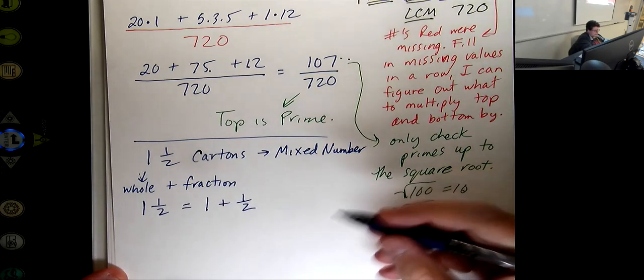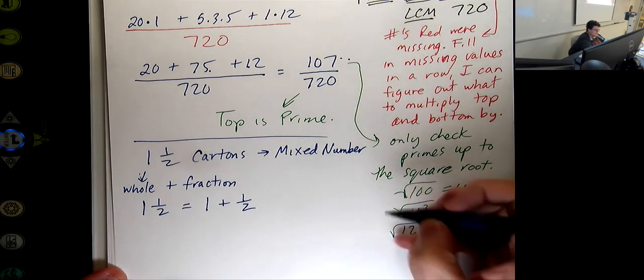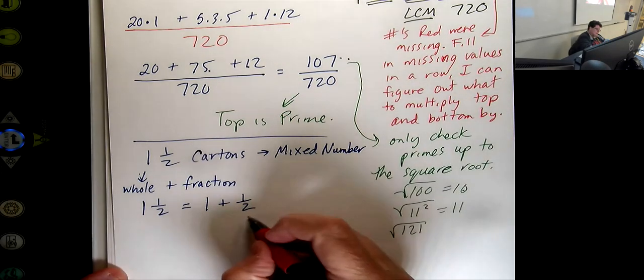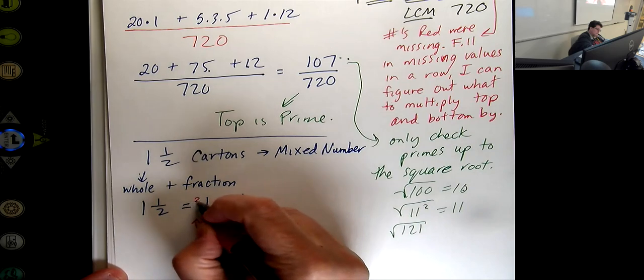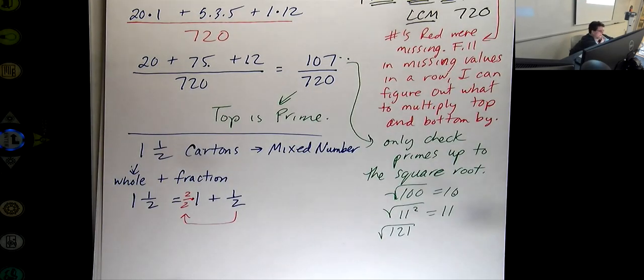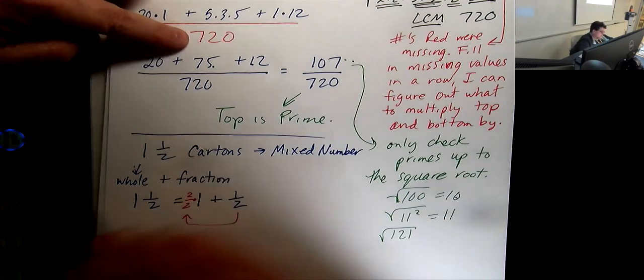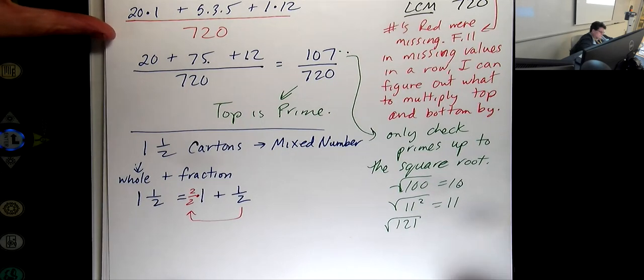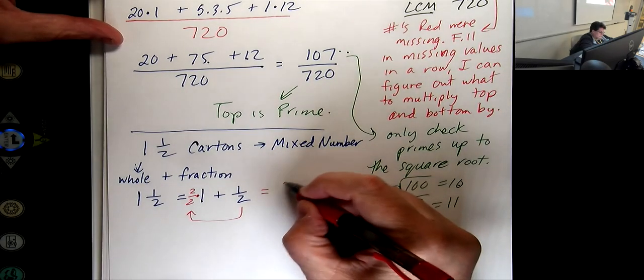And so how I can get rid of it, so it's just a fraction, is I can take this denominator and multiply this number by top over bottom like that. We're gonna get a common denominator. That's what these things over here are called, common denominators. Common bottom. But I'm a little confused.